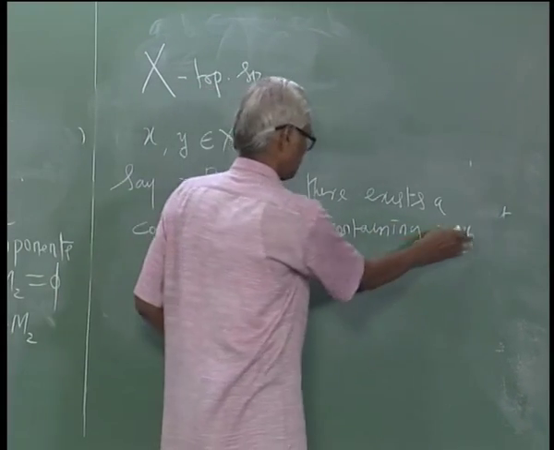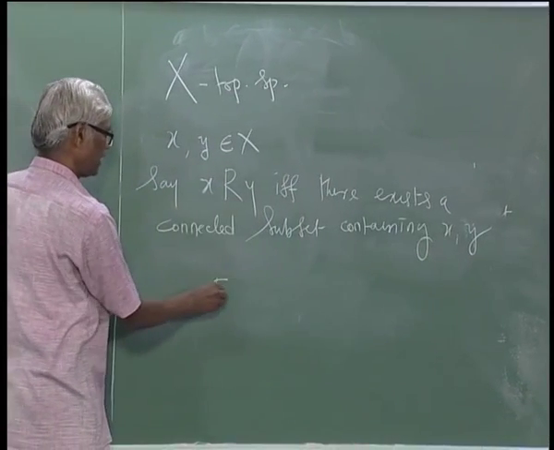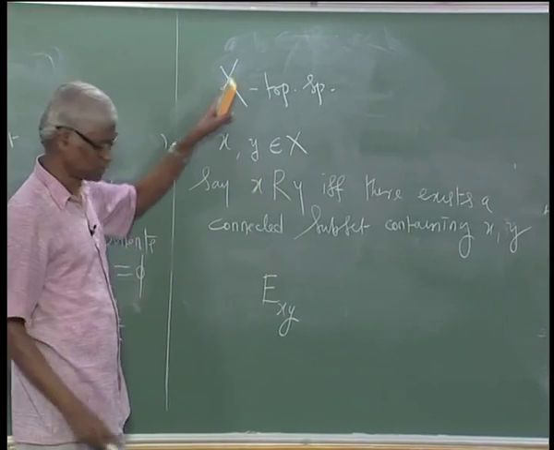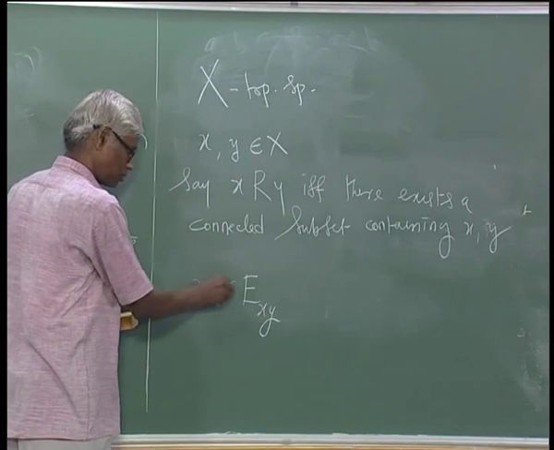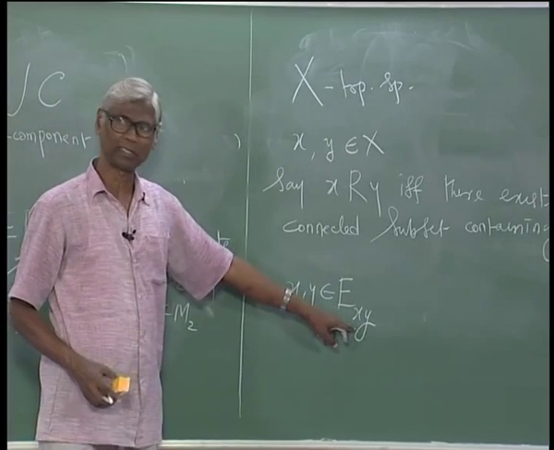So x related to y means we can find a connected subset of the topological space such that x, y belong to that connected set. Then we say that x is related to y.